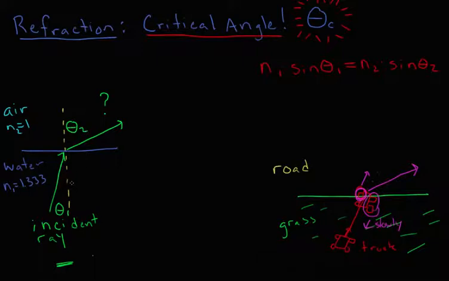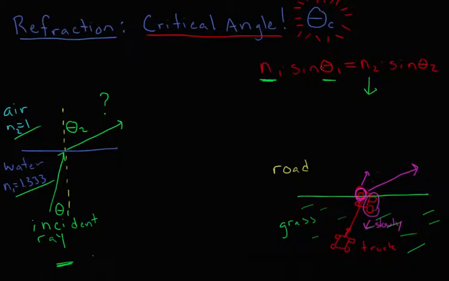Okay? We can actually see that this happened with the formula. We started with water of 1.333 and a certain small angle. Okay? Now let's see what happens when they go into the air. Well, the index of refraction has gone down. It's gone from 1.333 to just 1, so it's gone down.